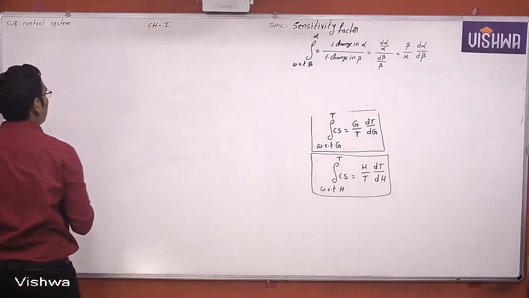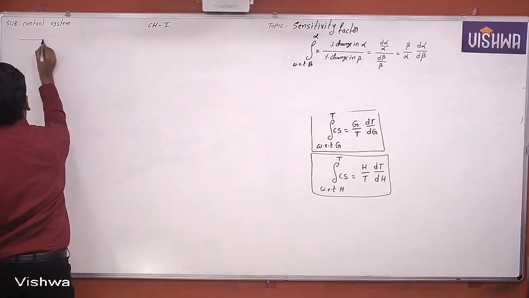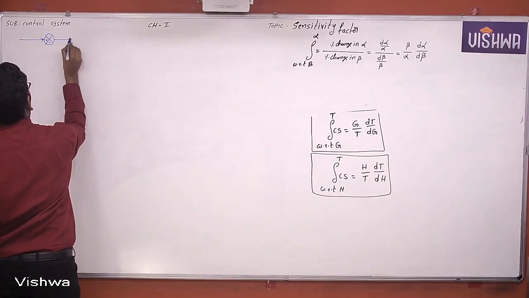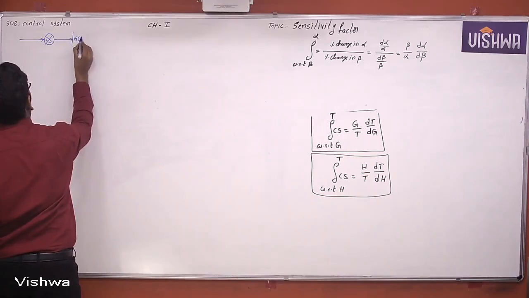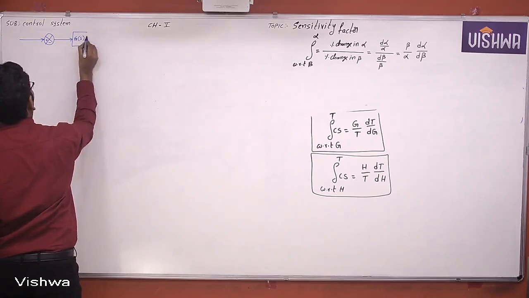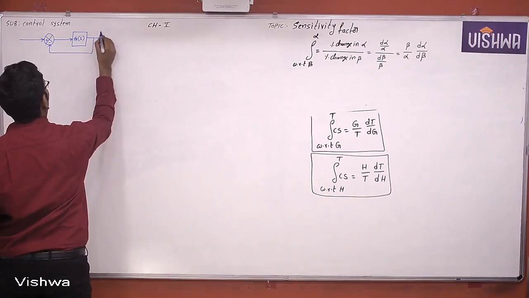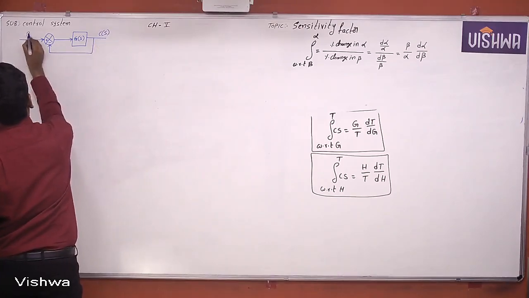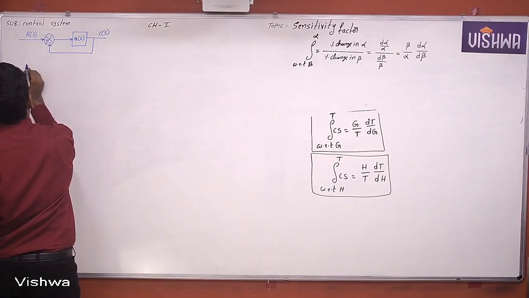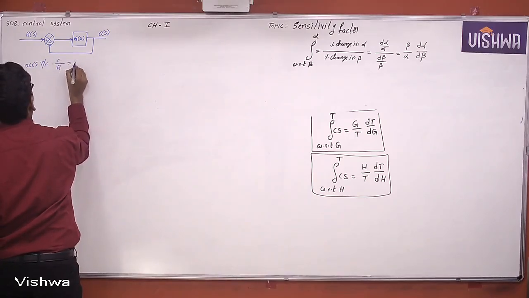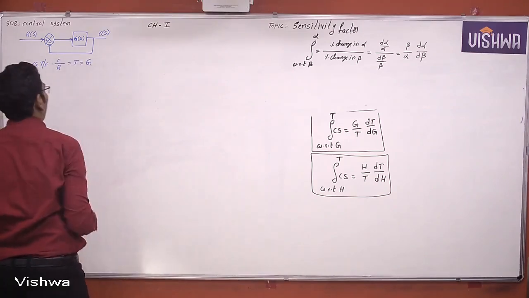Now this is the open loop control system transfer function G of S. The open loop control system transfer function C of S by R of S is nothing but only the forward path gain.